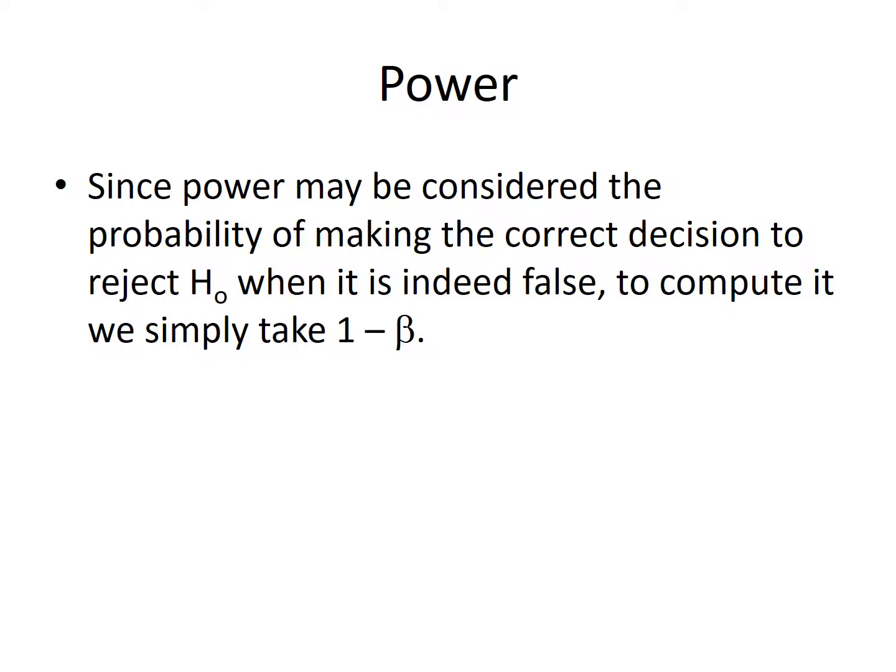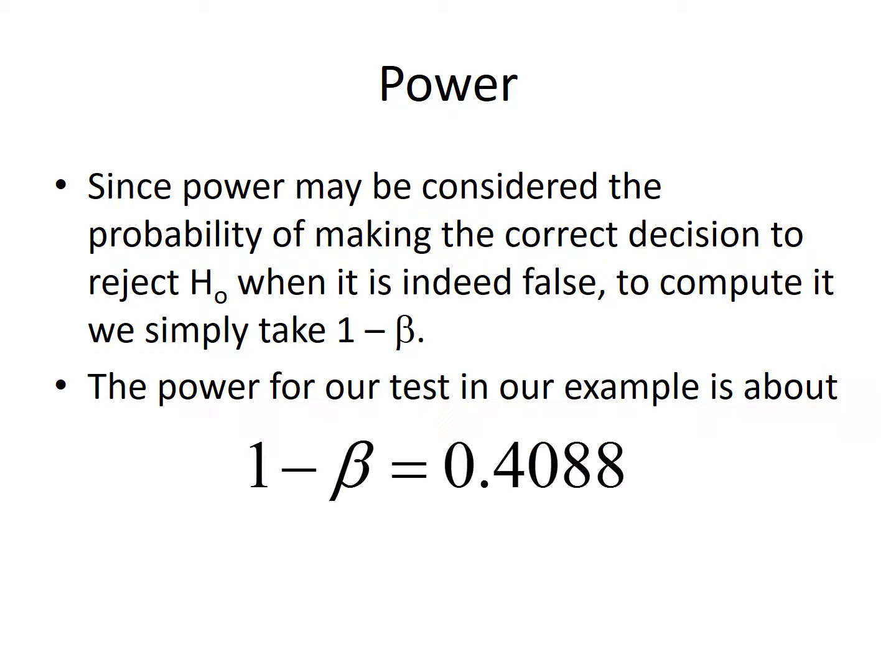Since the power may be considered the probability of making the correct decision to reject the null hypothesis when it is indeed false, we simply take 1 minus beta to compute the power. So the power of our test, in our first example, is about 0.4088. And that's about 40% power.